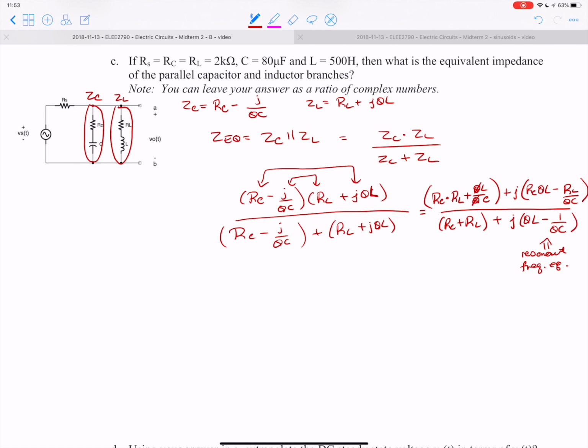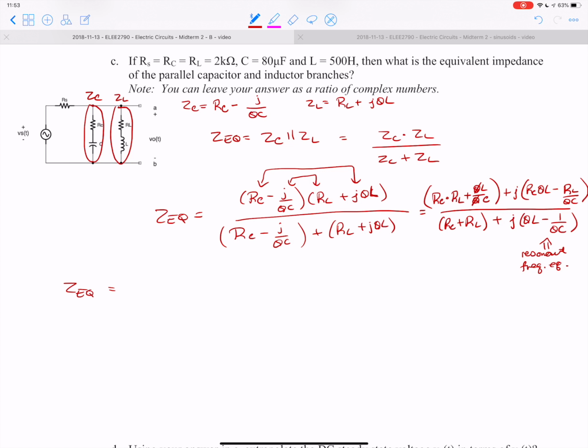Now we actually have a lot of numbers in here, so let's actually deal with the numbers that we have. So working backwards here, ZEQ is equal to, we notice that the resistances are 2K each. So we're going to have, and we're going to leave this all in K. We notice that on the top things multiply and on the bottom they divide out.